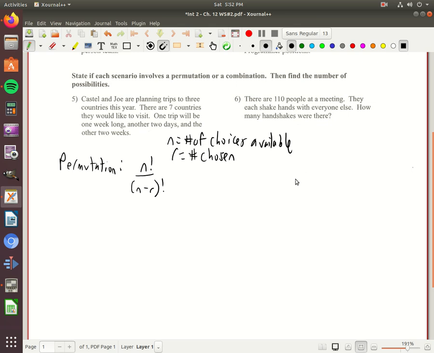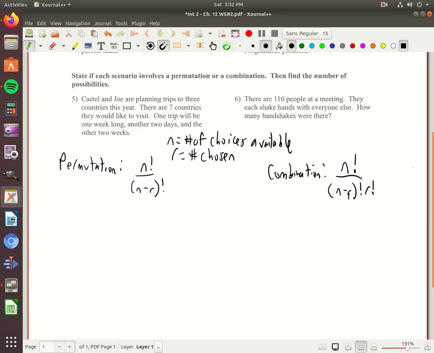And we're going to compare that to a combination. The formula for a combination is going to be n factorial over n minus r factorial times r factorial.